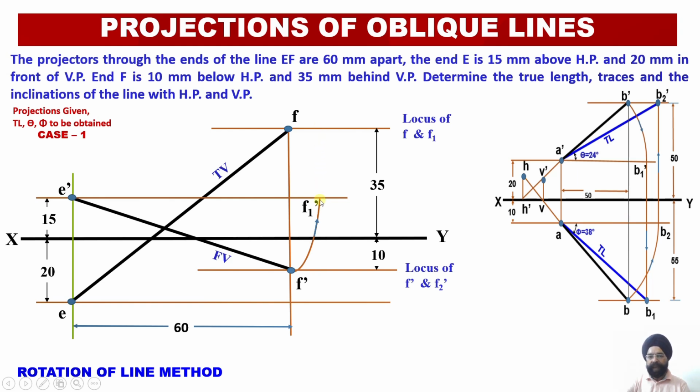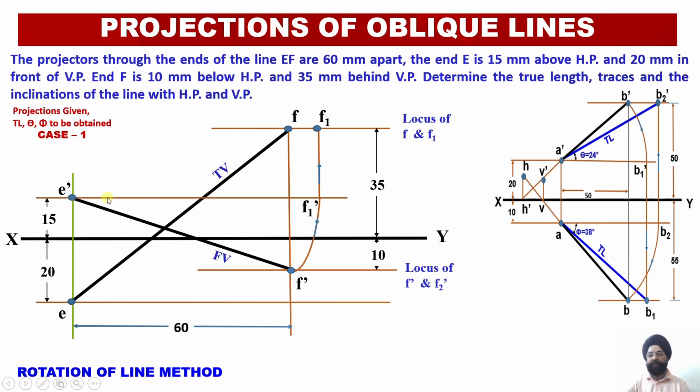From here I am going to draw a projector line, and mind you, both the arrows have to be marked over here, indicating that the projection has been rotated first and then the vertical extension has been made. After making this vertical extension, I get this point F1. So F1 dash and F1 will fall in one vertical line. And the moment I obtain this F1, I have obtained the second point of my true length in the plan.